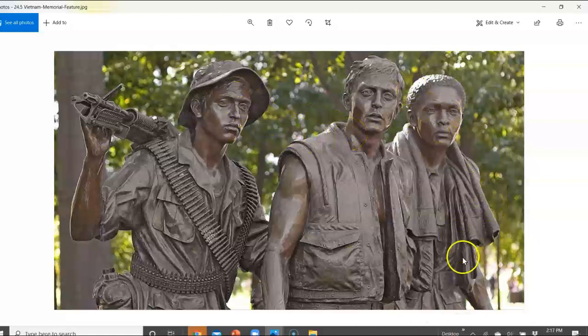These two guys, their eyes are downcast. This one is sort of, I think if you look where the pupils are, he's kind of looking right at you. It's kind of a questioning about that war. You can interpret it any way you want, but they look tired.